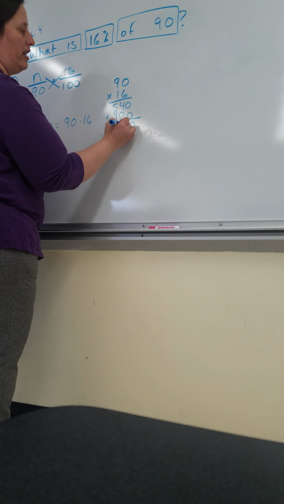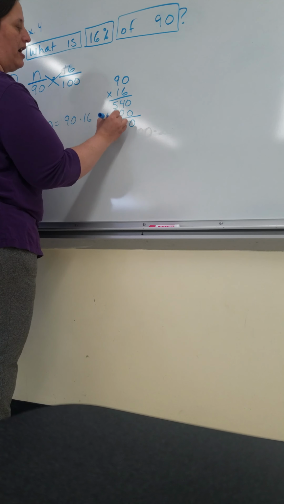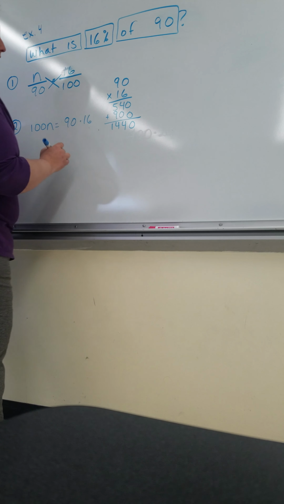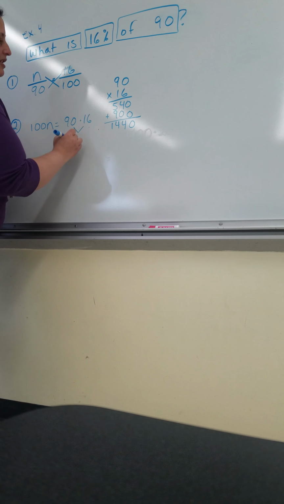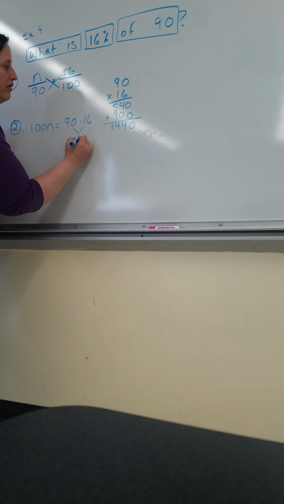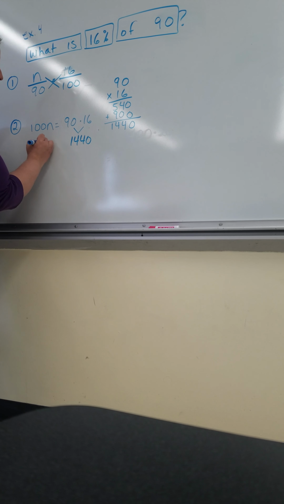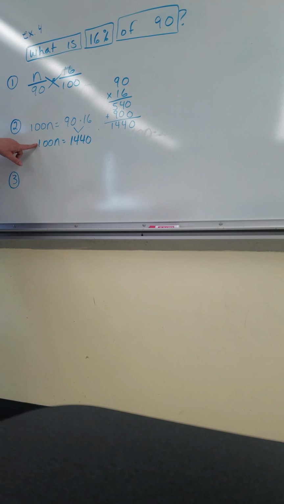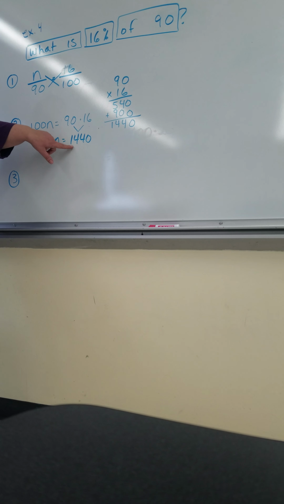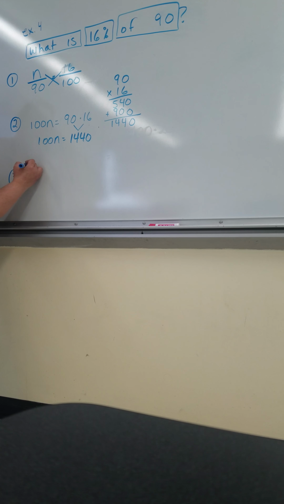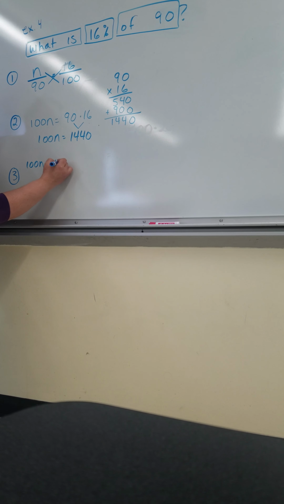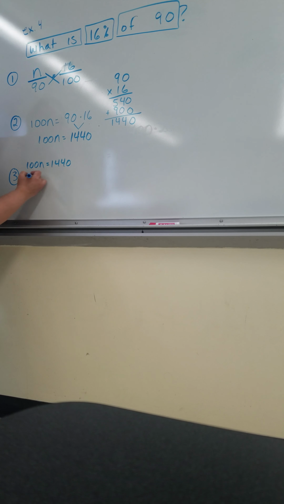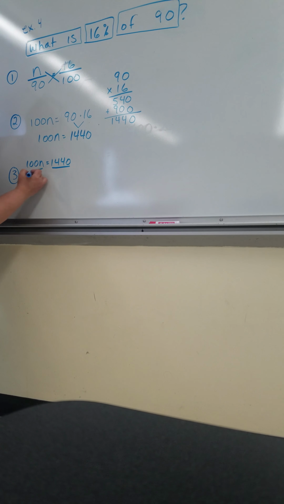Okay, so we get a 0, a 4, 5 and 9 is 14. Okay, so that means 90 times 16 is 1,440. So 100n equals 1,440.